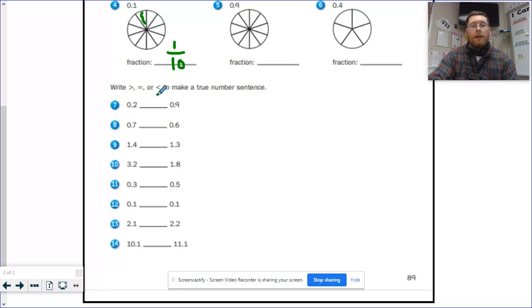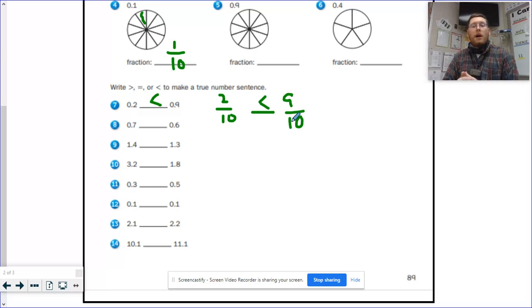I would rather have 9 pieces of that pie. So 9 is your greater decimal here. Because 2 out of 10 pieces, and then you have 9 out of 10 pieces. This one is closer to a whole, so that's why this one is greater. They have the same denominator, so we can compare them easily.